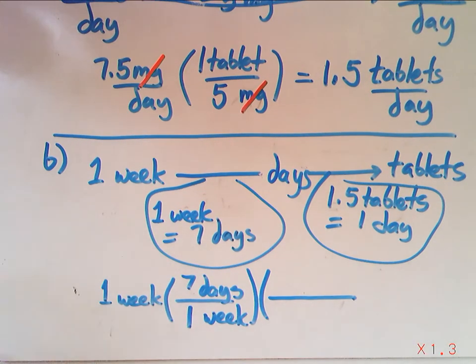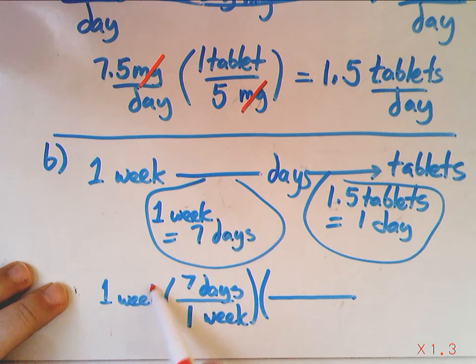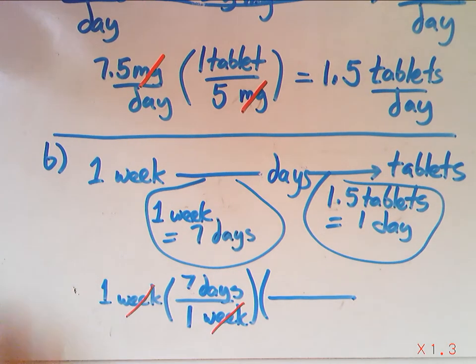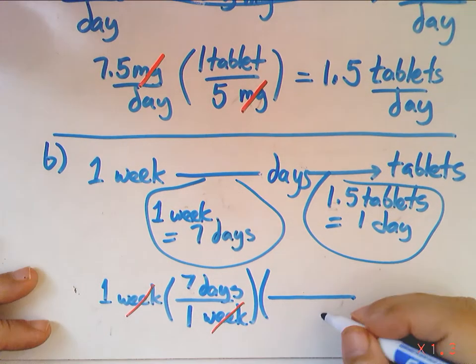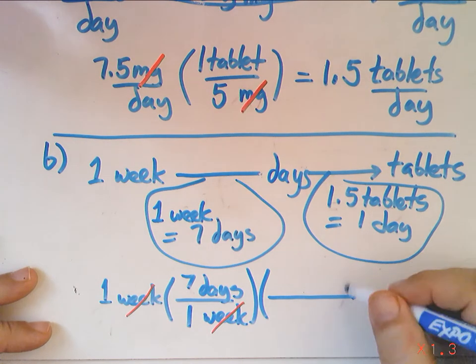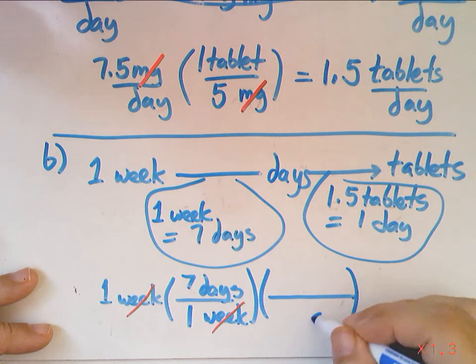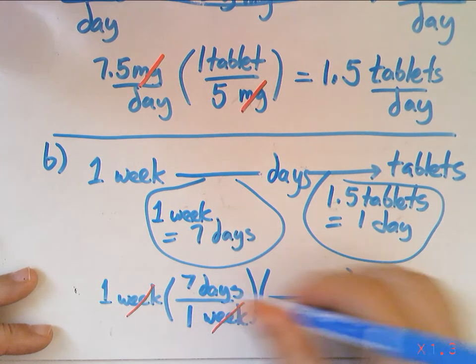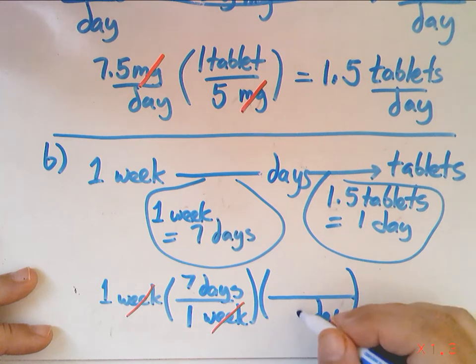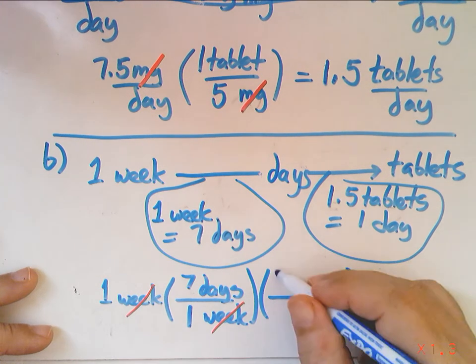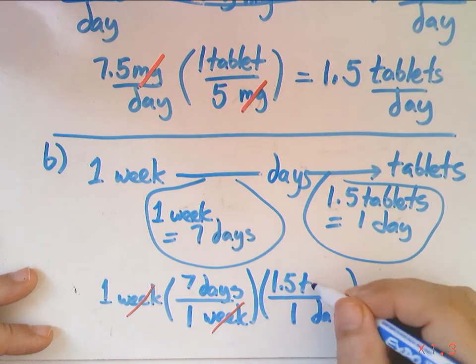So I got rid of the weeks there, right? There's a week on top and a week on the bottom, so there are no more weeks. I've got days right now. And I want to get rid of days in the next conversion factor. So I know days should go on the opposite side of the fraction bar. And there's a 1 sitting in front of the day here, and there's 1.5 tablets on top.